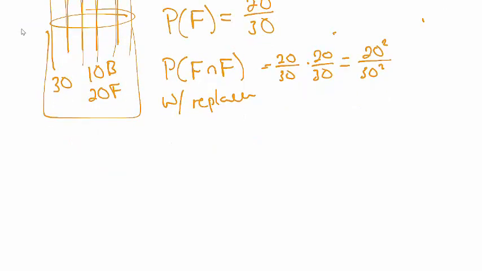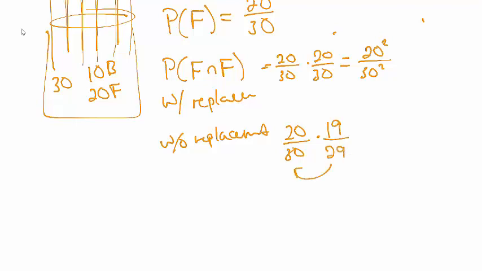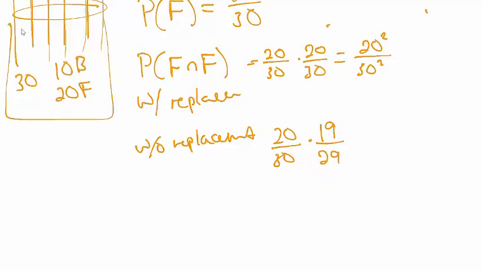However, if I did it without replacement, the first one's 20 out of 30, but now I'm holding the girl's stick. So what's the chance of me getting another girl? Okay, this one depended on this one. And that's the difference.